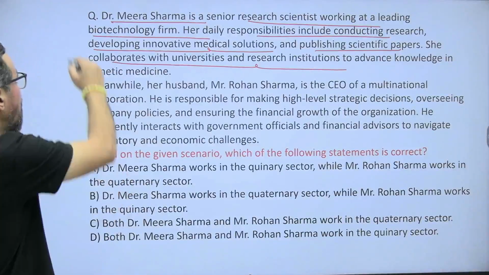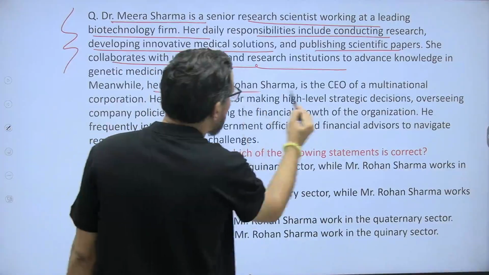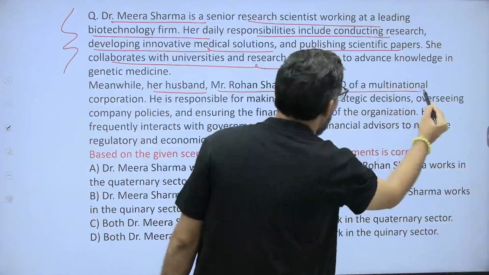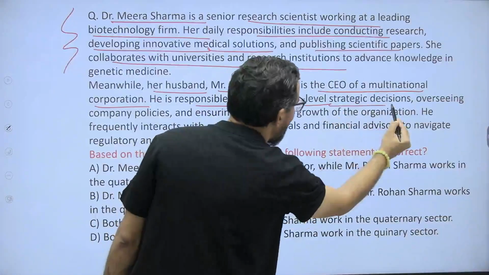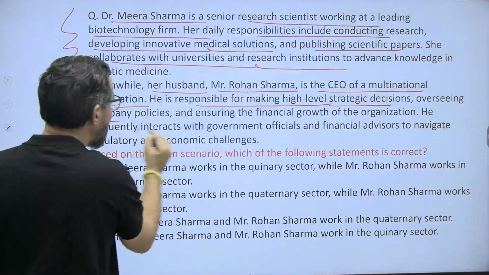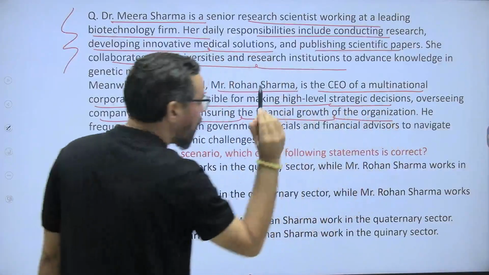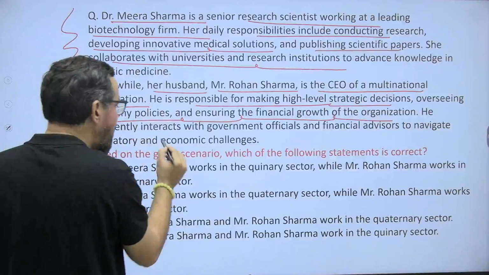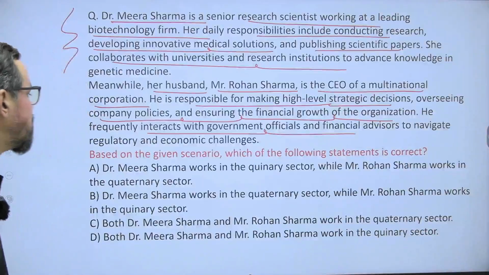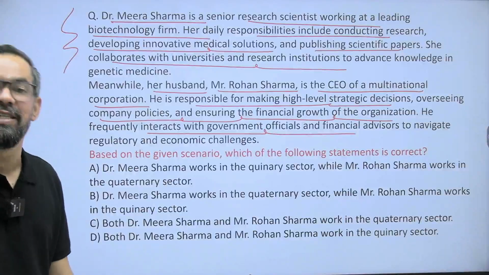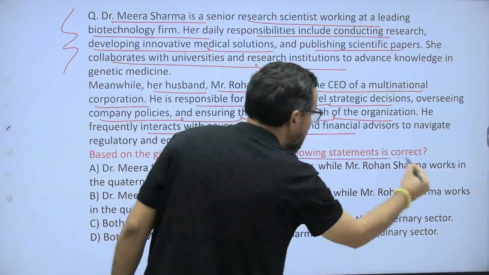Meanwhile, her husband, Mr. Rohan Sharma, is a CEO of a multinational corporation. He is responsible for making high strategic decisions, overseeing the company's policies, and ensuring financial growth of the organization. He frequently interacts with government officials and financial advisors to navigate regulatory and economic challenges. Now, based on this scenario, which of the following statements are correct?